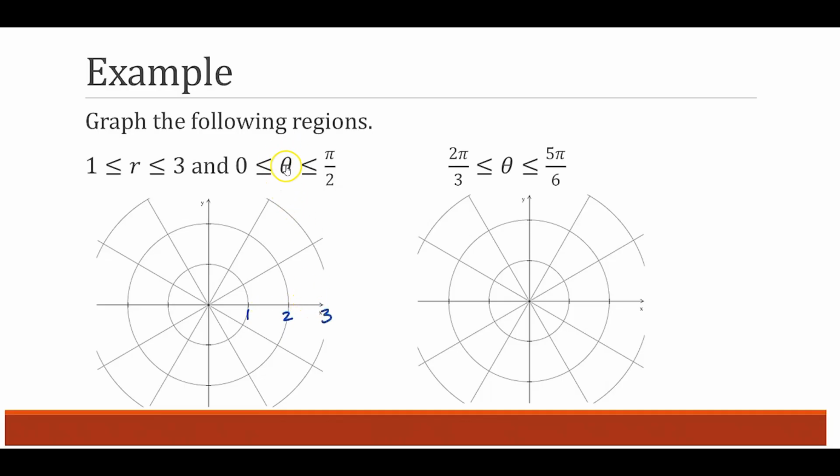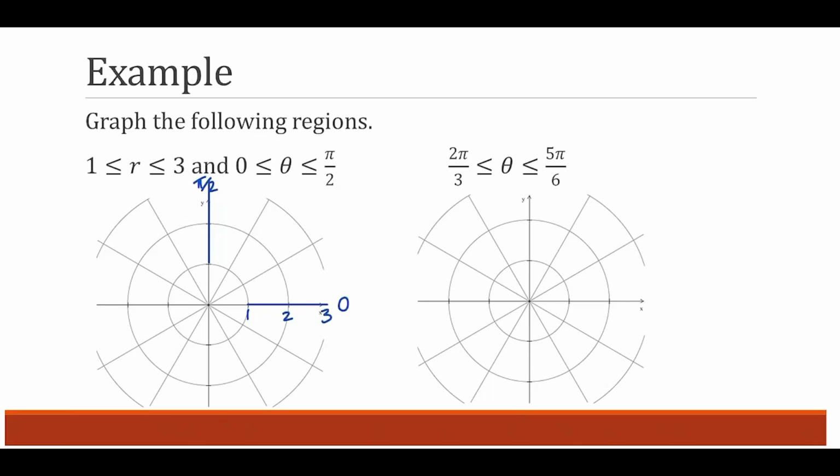And then our angles are always going to be between 0 and pi over 2. So 0 is here and pi over 2 is here. So we're graphing an entire region right now. So that region is going to extend from 0 to pi over 2, but be bounded between 1 and 3.